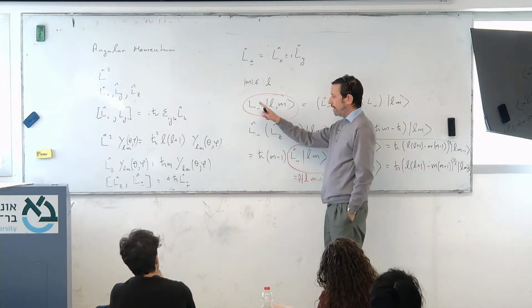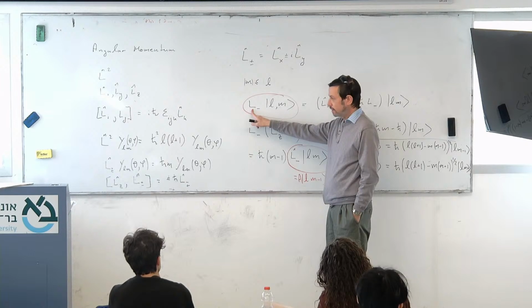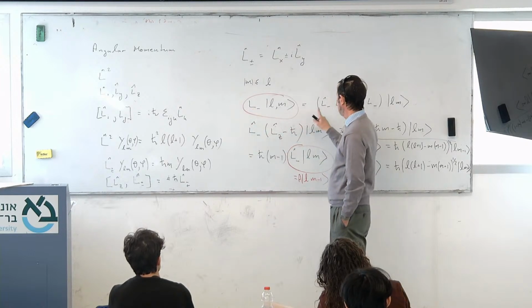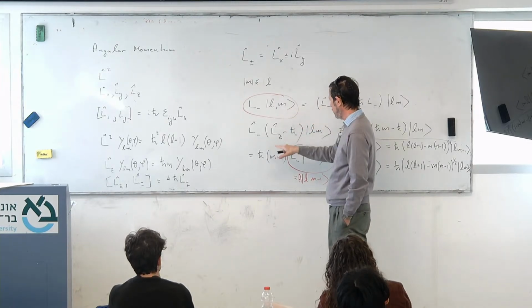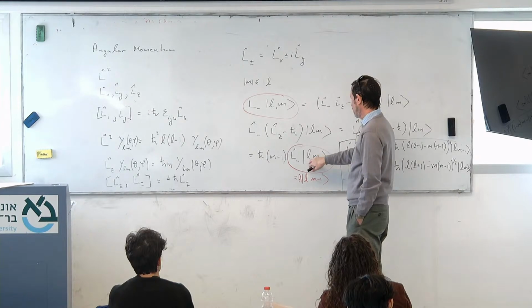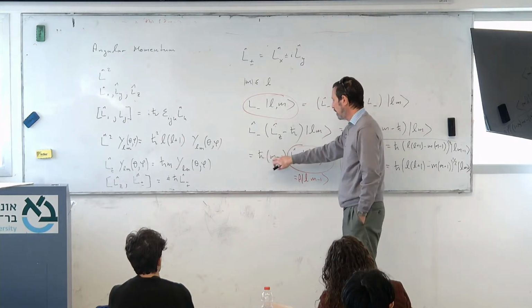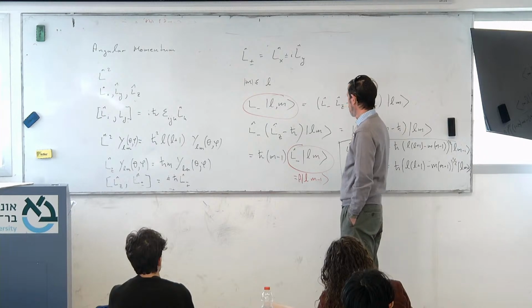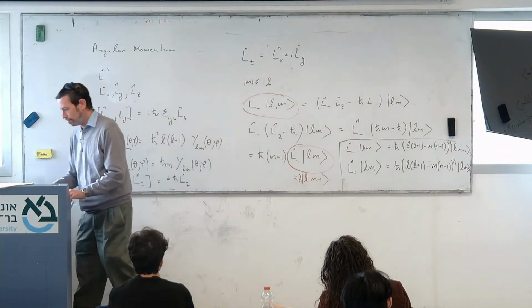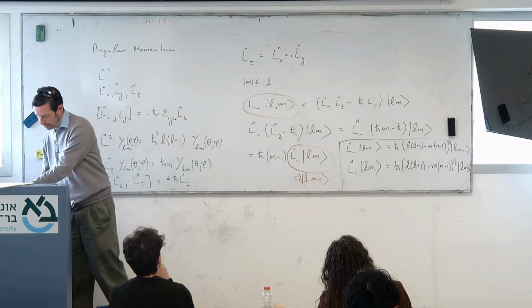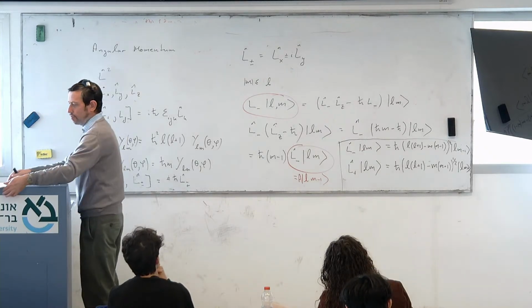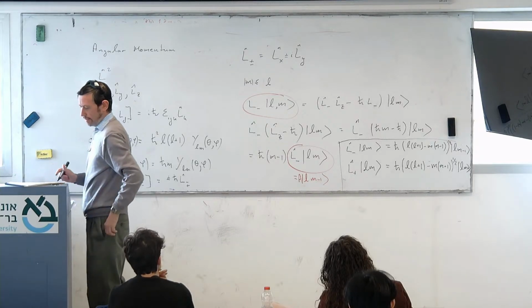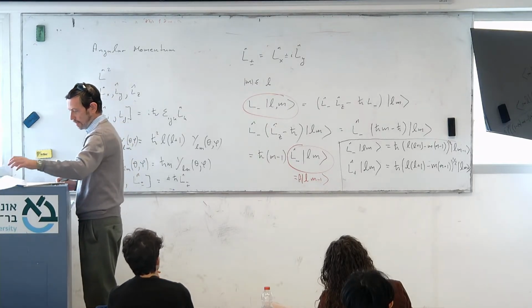Well, if I operate with L minus on Ln and see that the value for Lz is h bar (n minus 1). But where do you find Lz? Oh, you're completely right. The point is, someone is here awake, and let me ask you, where do I see it?